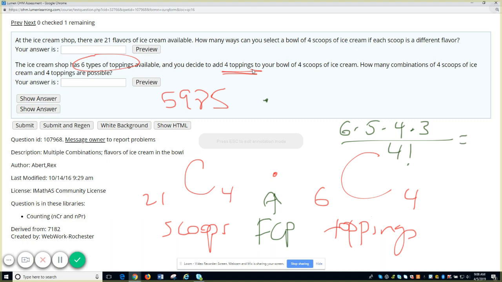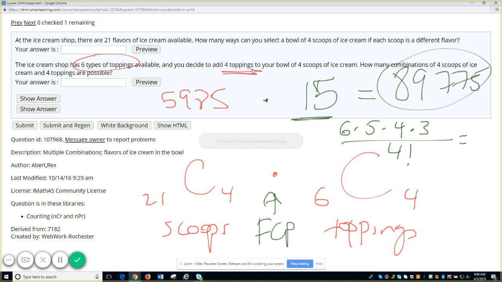Now you can always use your calculator to just compute 6 choose 4, that's 15. 15 topping selections are possible. And then we're going to multiply 15 by 5,985 to get this lovely number right here.